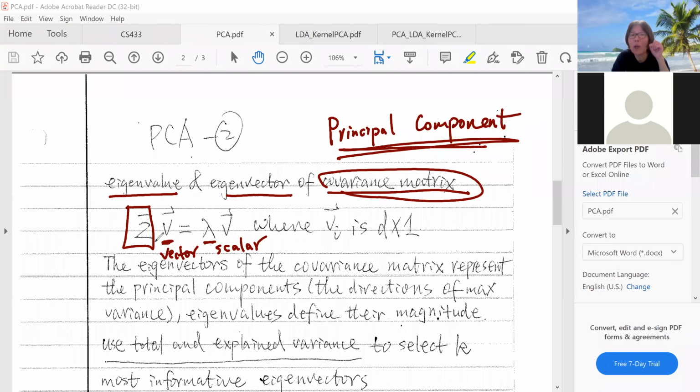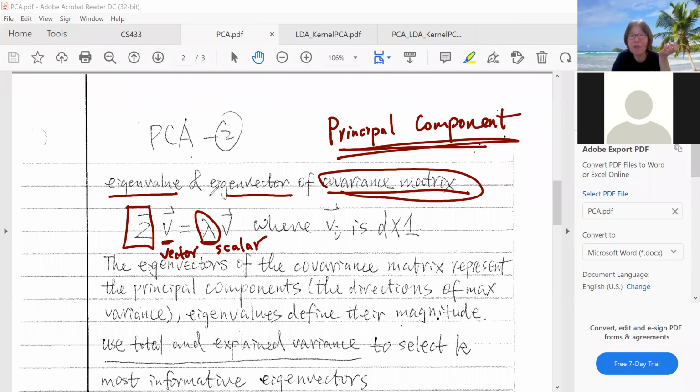So we try to find a vector such that the vector times the covariance matrix can also be expressed as a scalar times that vector.